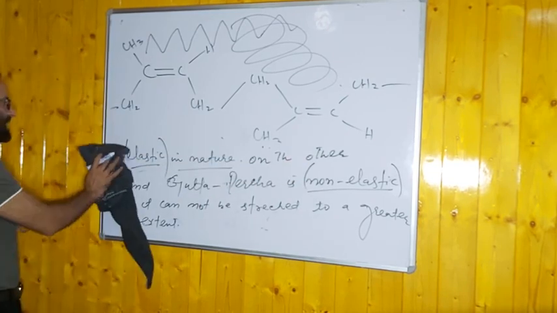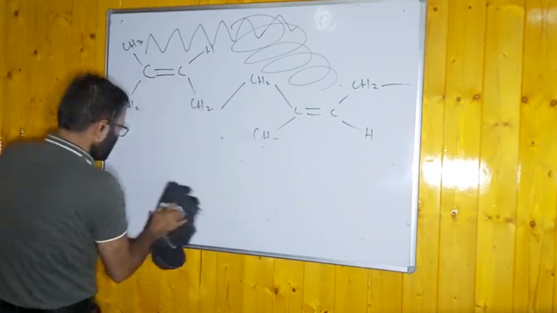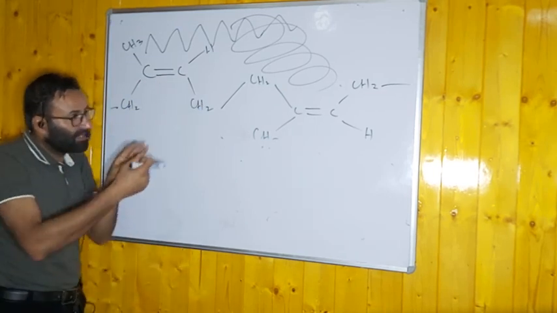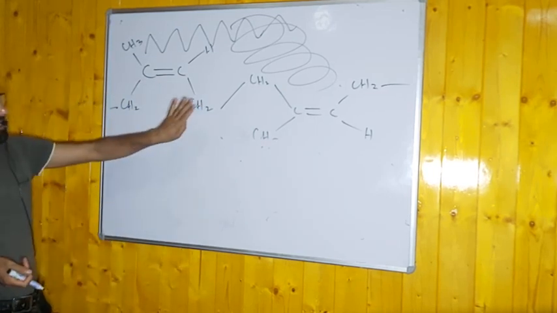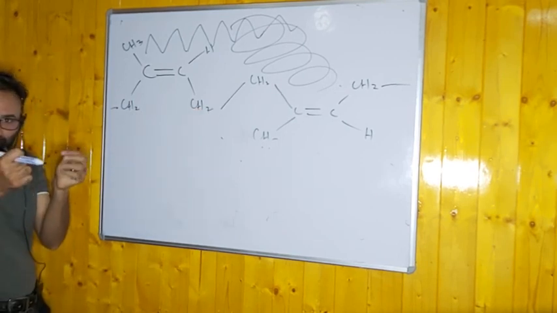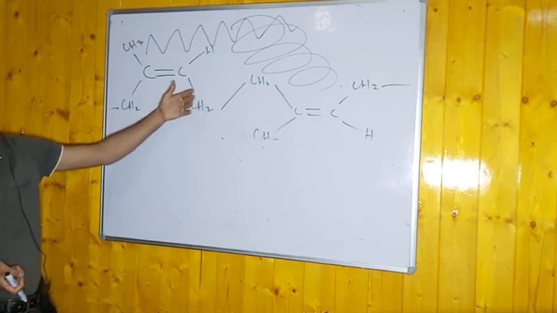The third and last point you have to mention between these two kinds of rubbers: because of cis orientation of double bonds, it cannot be packed close in crystallites. It does not fit in crystallites, which means it is non-crystalline in nature.